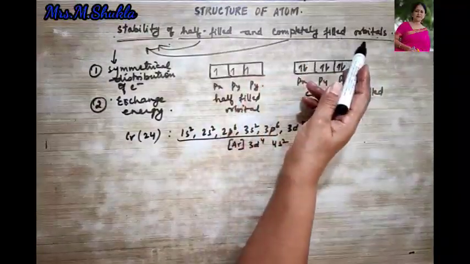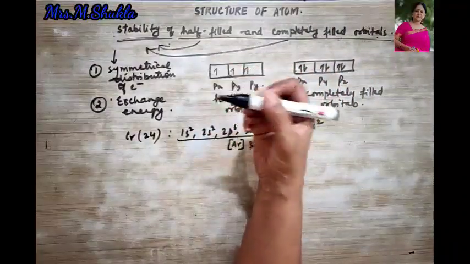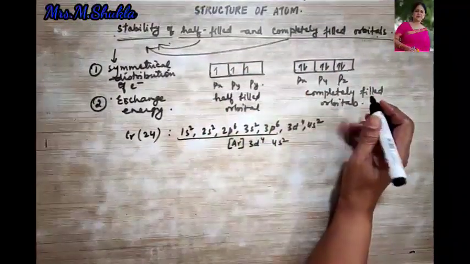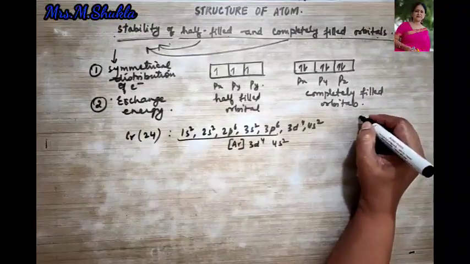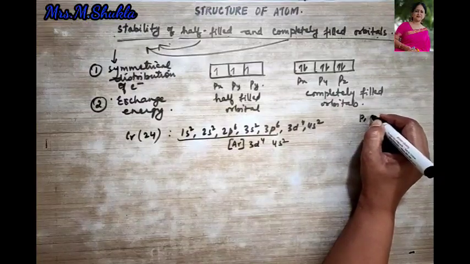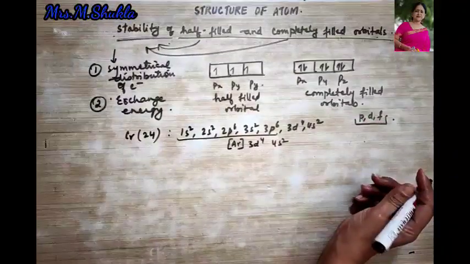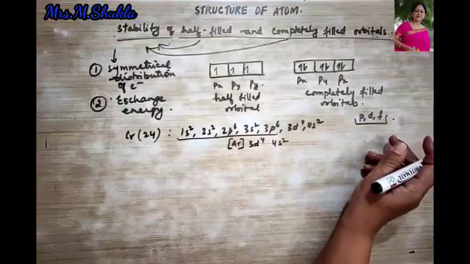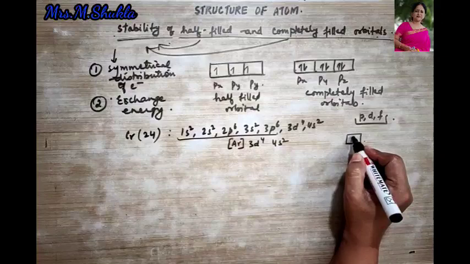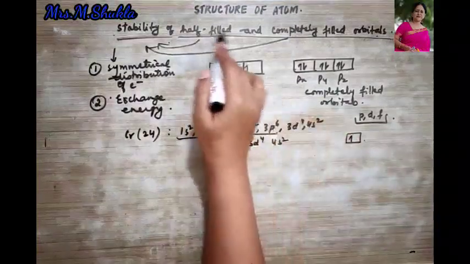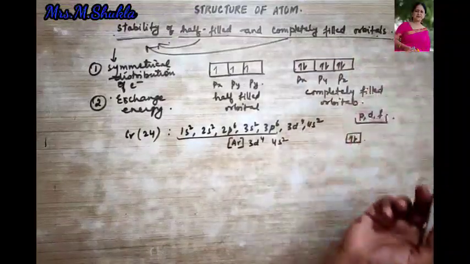Now one thing I would like to explain here. This stability of half filled and completely filled orbitals is shown preferably by the p, d and f subshells. Why not s? Because in an s orbital, if it has one electron, then it is half filled, and if it has two electrons, then it is completely filled.